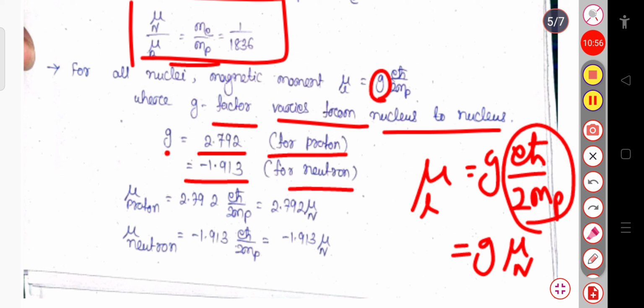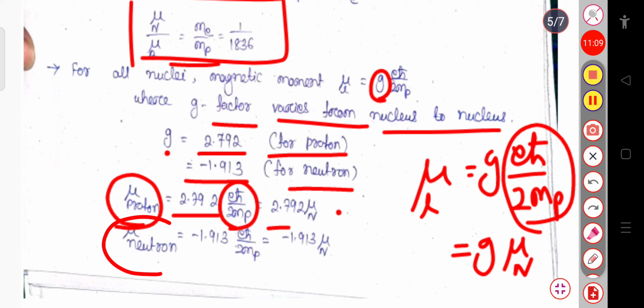So for the proton, this is equal to 2.792 times EH bar by 2 mp, or we can write it as 2.792 into mu N. And similarly for the neutron, mu neutron is equal to minus 1.913 into EH bar by 2 mp.